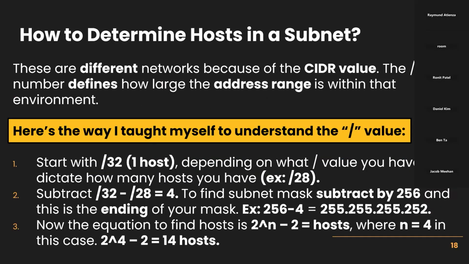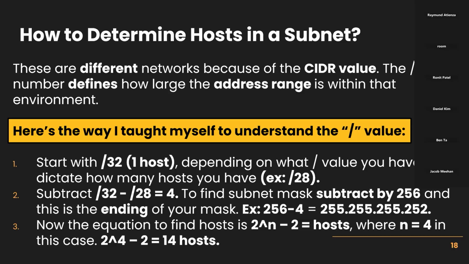Okay, I'll go over the last part of this. Now that you have your subnet mask, you want to know how many hosts there are. It's 2 to the power n, which is what you subtract from 256 to get your subnet mask. Then you have to subtract 2 from that because there are two addresses you can't use.